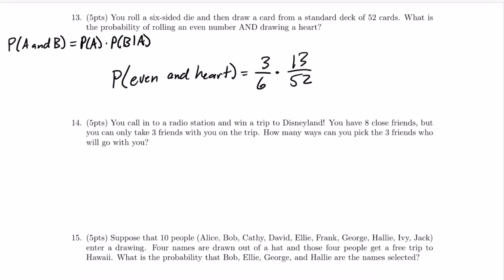And when you multiply those together, 3 times 13, divided by 6 times 52. Whoops, miscalculated that. 3 times 13 divided by 6 times 52. That gives me a decimal of 0.125. And so that would be the probability of rolling an even number and drawing a heart.